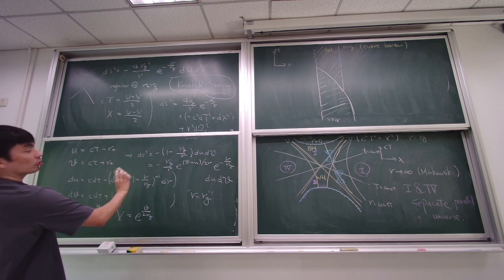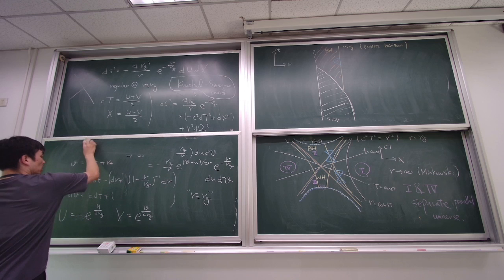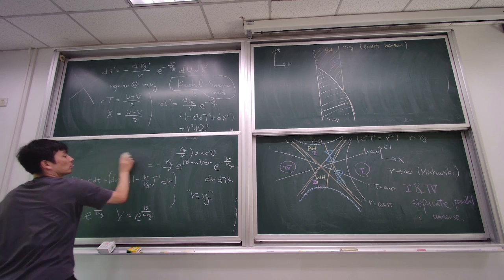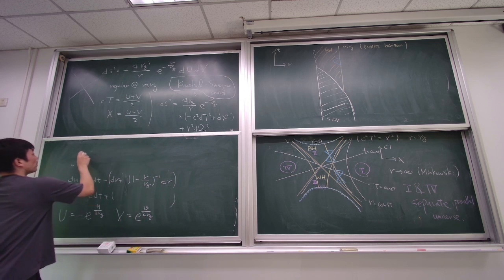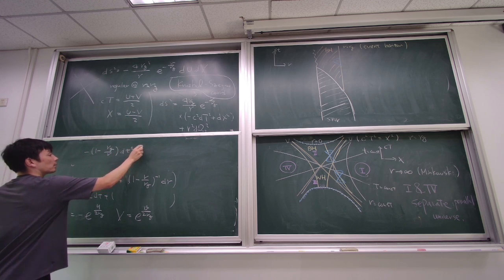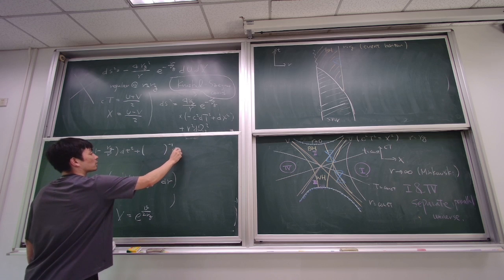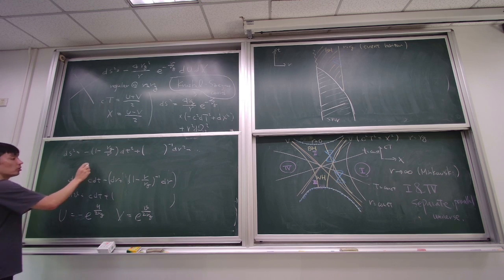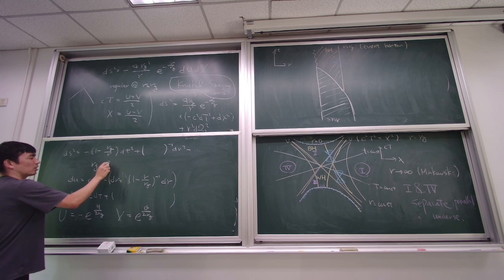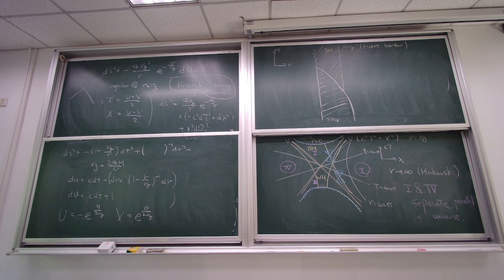I already erased the Schwarzschild metric, so anyway, essentially what we have is f(r) = 1 minus rg over r, with ds squared equal to minus f dt squared plus the same thing dr squared plus dot dot dot, and rg is equal to 2GM over c squared.